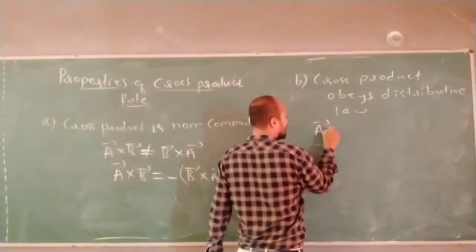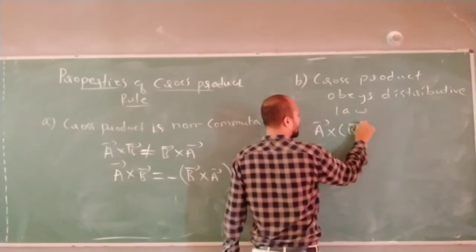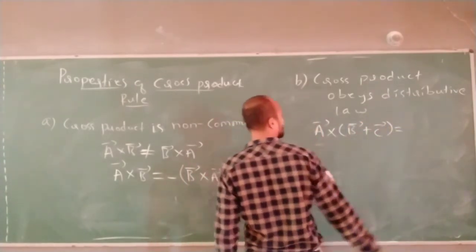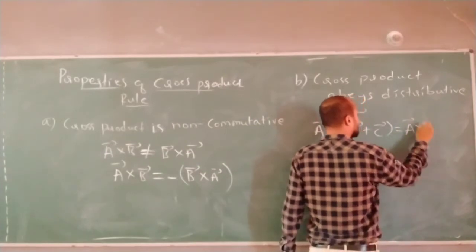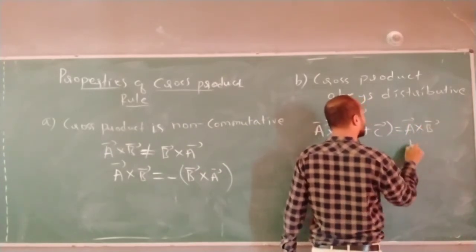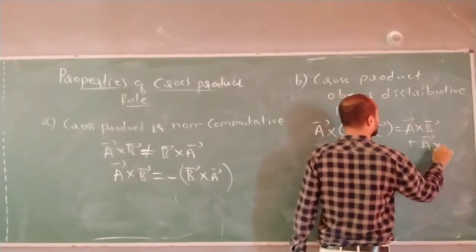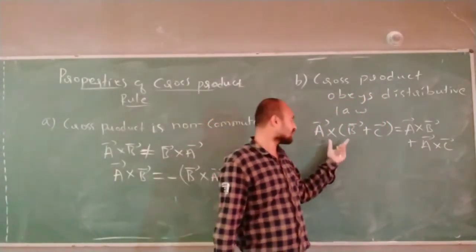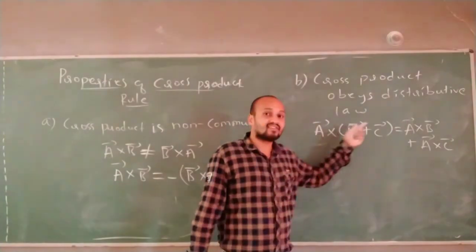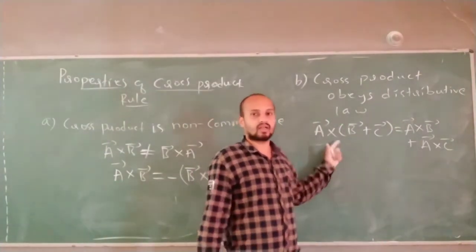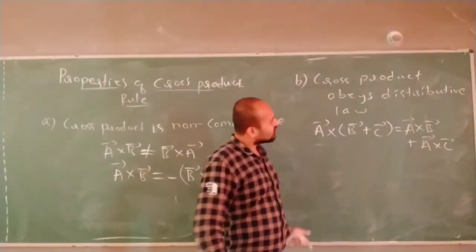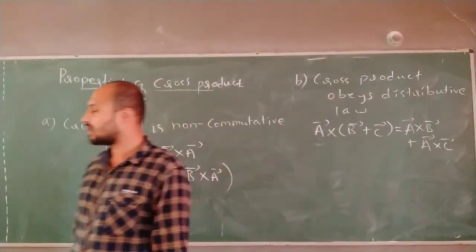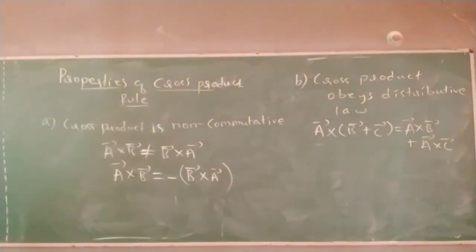A cross (B plus C) can be written as A cross B plus A cross C. See, distributive law is applicable only in this case, like if all the vectors are in the same order, it is applicable. So it can be said that it obeys the distributive law. Got it now?